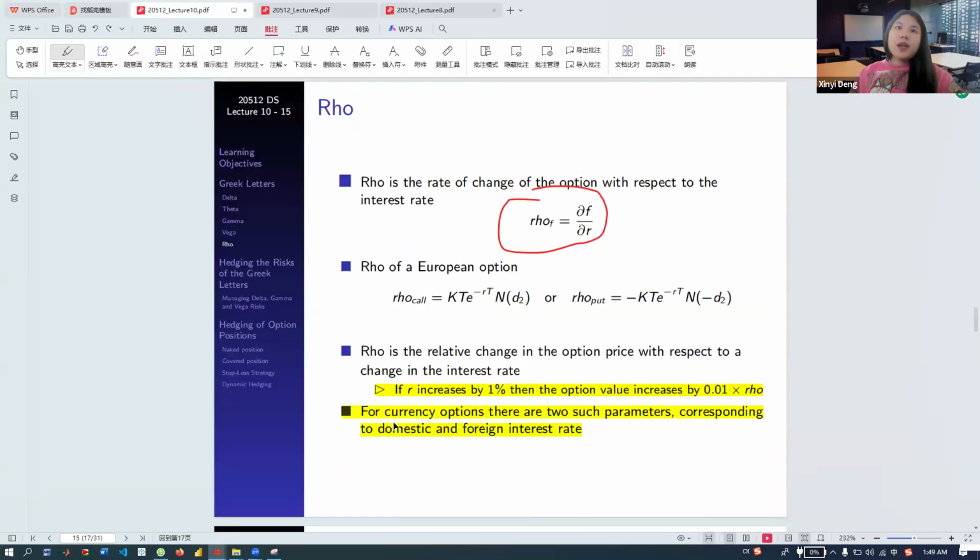Also, for currency options, since we have two interest rates, one domestic rate and the other the foreign rate, we actually have two rhos corresponding to each of the rates.